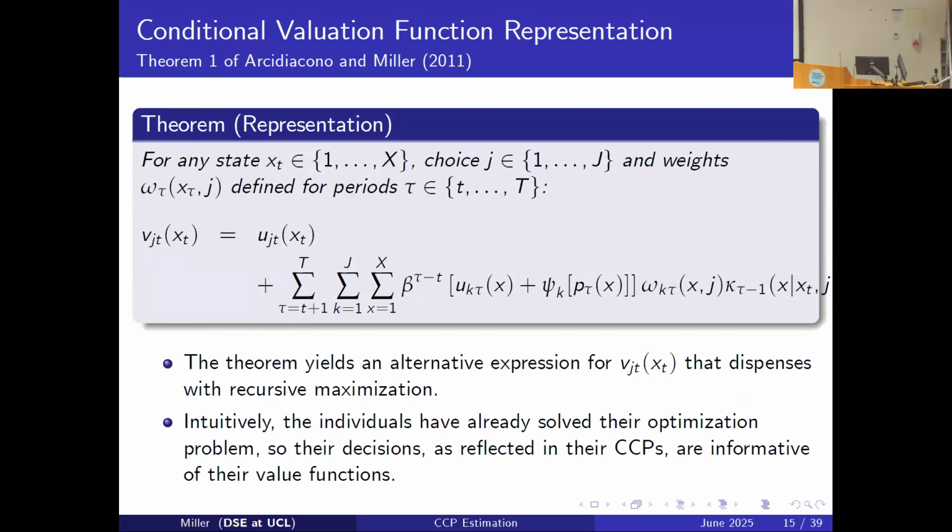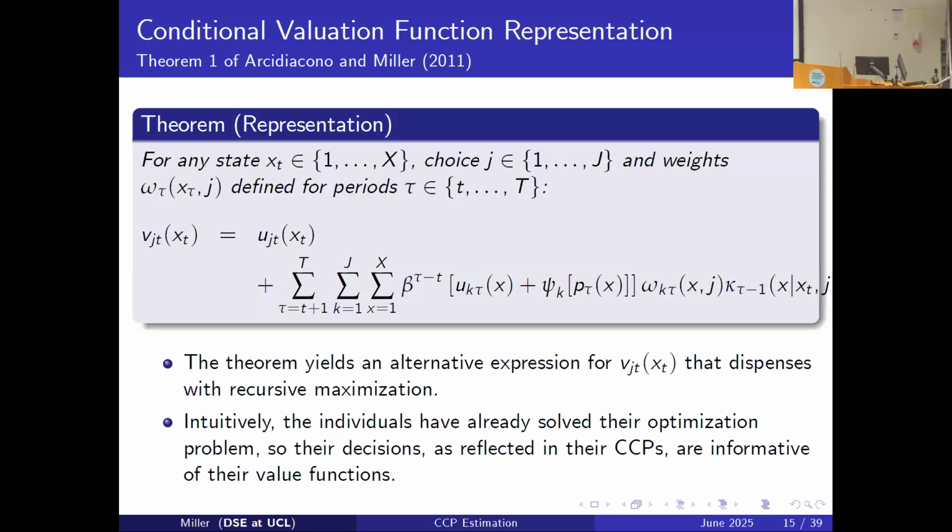What do we get out of it? Suppose we've got weights. We start out with the conditional value function. Here's the utility associated with the action J. We're going to put weights on all of this stuff over here that are going to push us out through these different time periods.